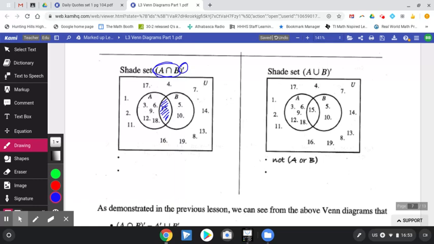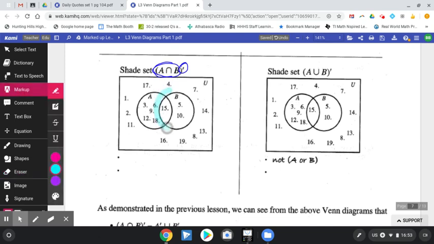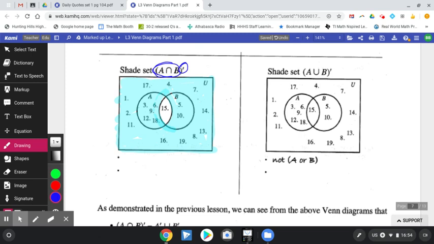So we're looking for the area that is not A intersect B. So we're going to shade in everything except that intersection. And so that's the one that we're talking about here.